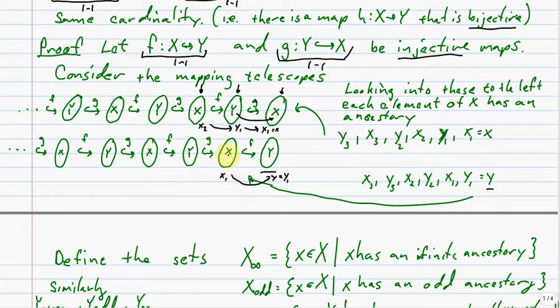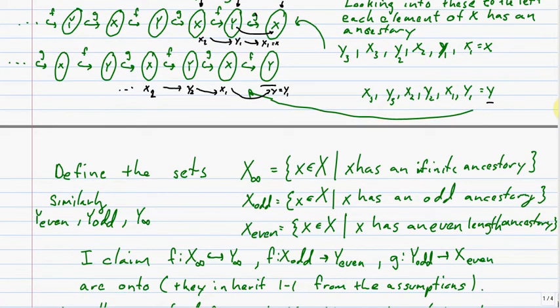And if x1 is in the image of G, then there's some y2 that maps to x1, and so on, and we can figure out the ancestry of these things. Really we're only concerned with the length of the ancestry.